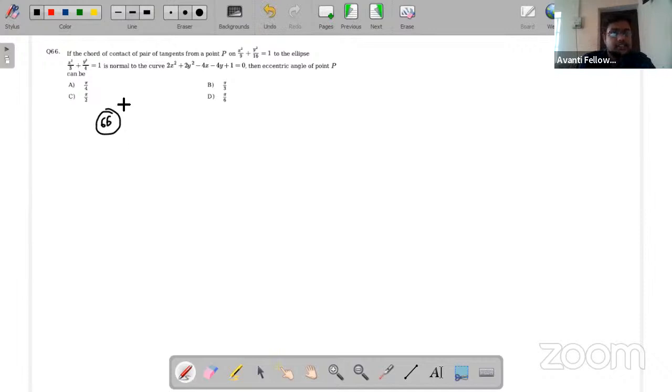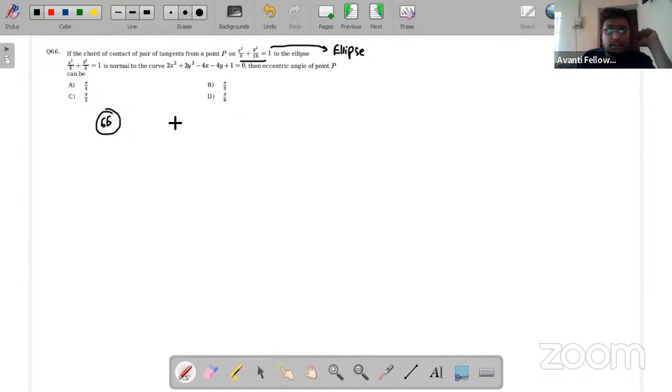66. Question 66 is saying: if a chord of contact of a pair of tangents from a point P on this... Now clearly this is an ellipse. So there is a point P on this ellipse. So what we can do is use the parametric form.